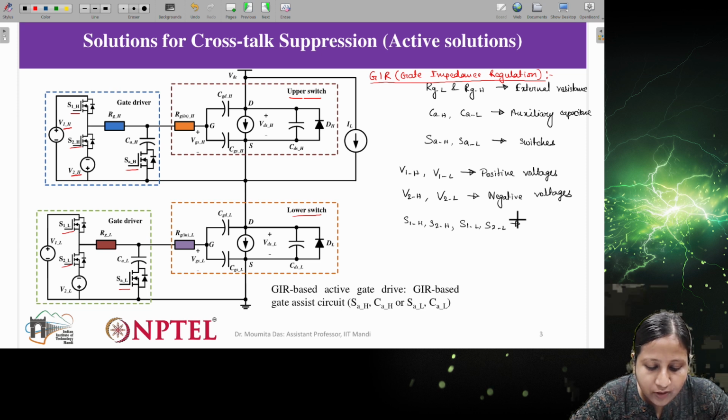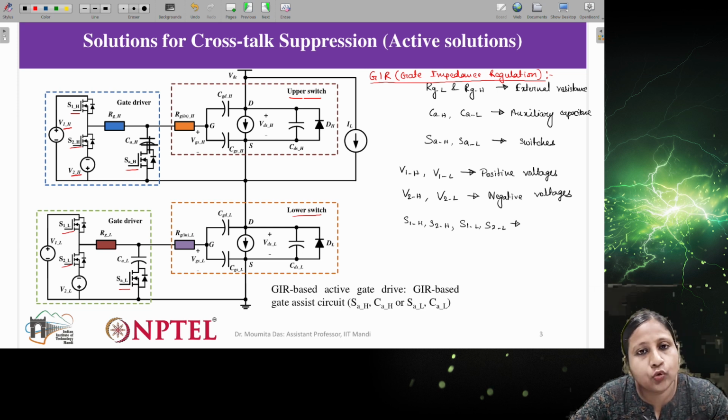In that time, the capacitance connected in the turn on and turn off transient path, that is the auxiliary capacitance SAH or SAL, is connected in series with the auxiliary switch, and that actually helps, because during the turn on time the net capacitance in that path will be negligible.